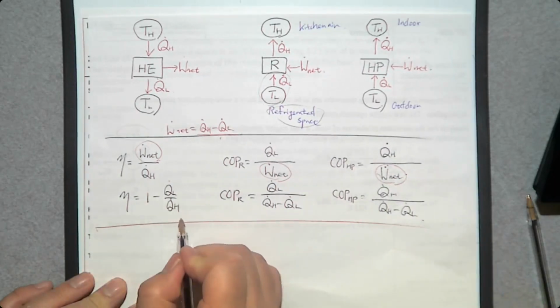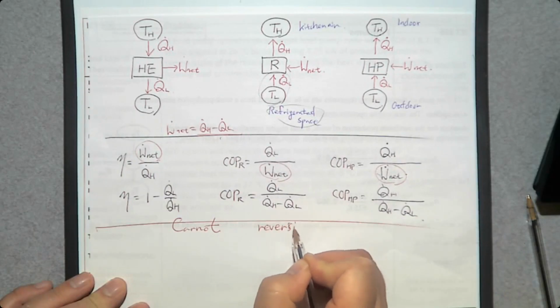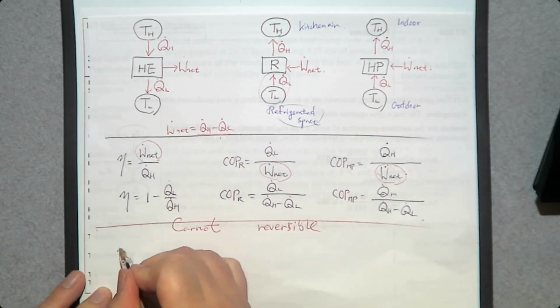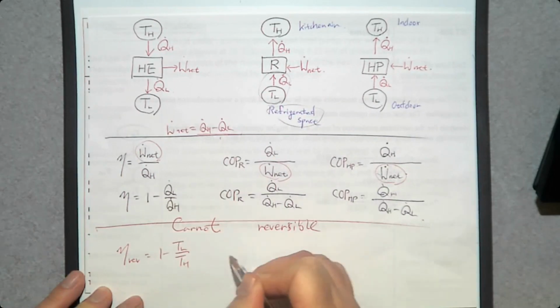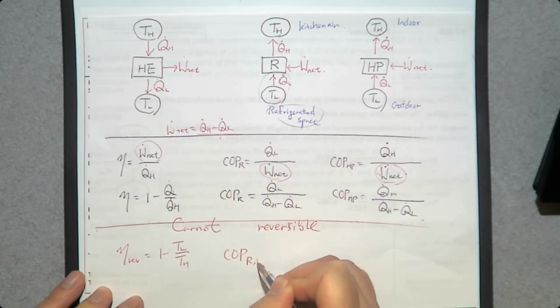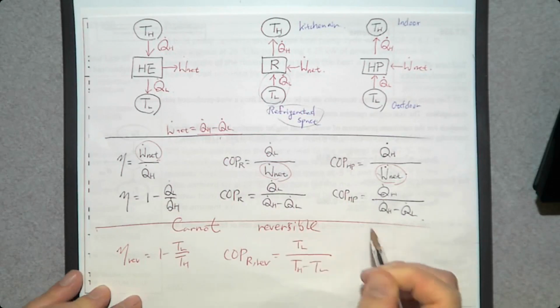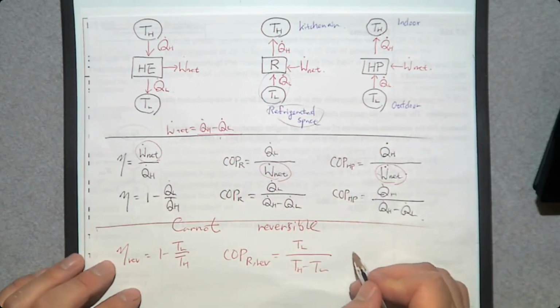Now, if it is a Carnot system, which means completely reversible, the efficiency can be determined by 1 minus TR over TH. COP of refrigerator, which is reversible, can be determined by TR over TH minus TR. So you're basically replacing this Q with T. What about this heat pump?